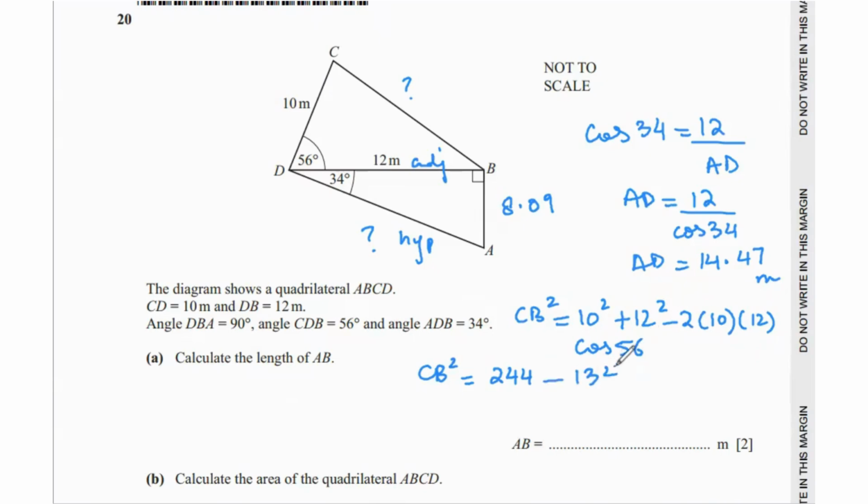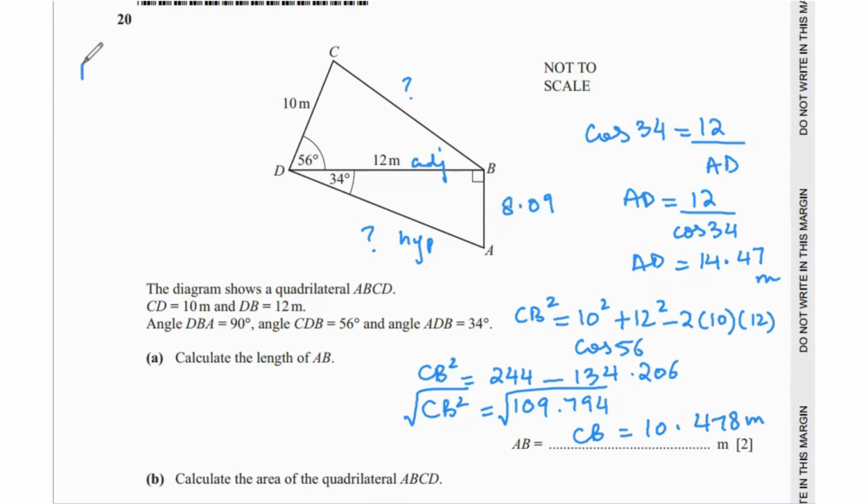That's 134.206. So the difference of the two is going to give us 109.794. Square root both sides, and CB is going to be 10.478.